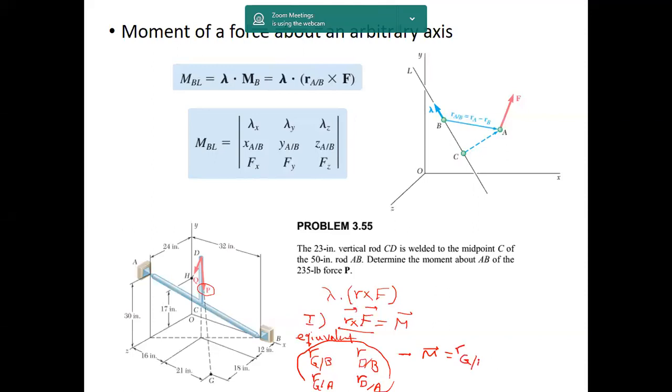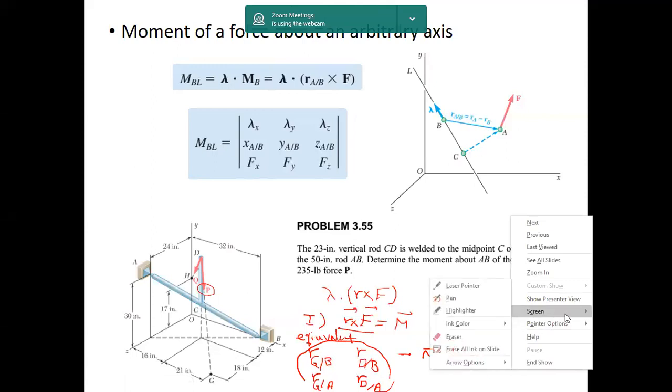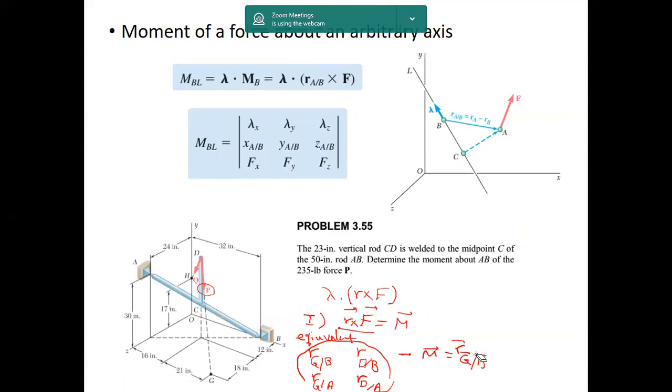So in this problem, you can choose from B to G. We pick these two because in the Z coordinate, you don't have any displacement.